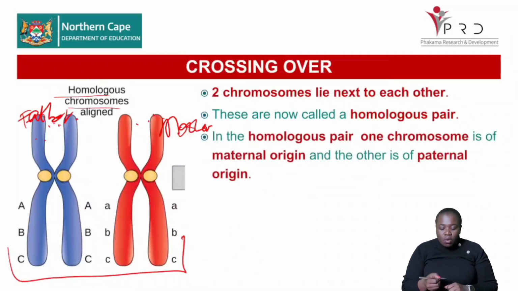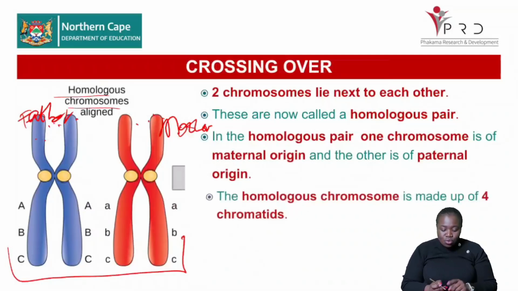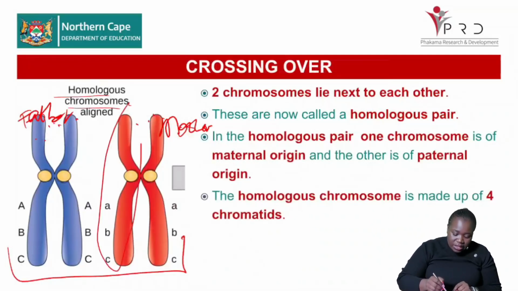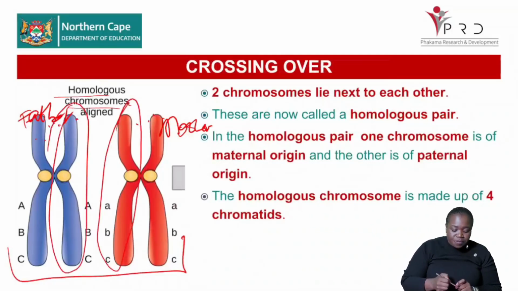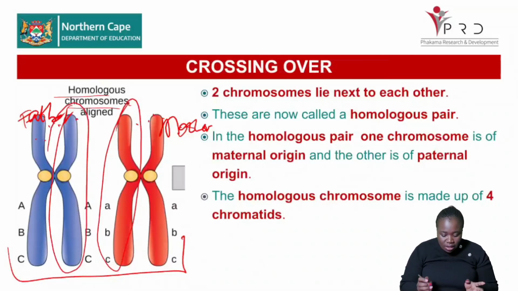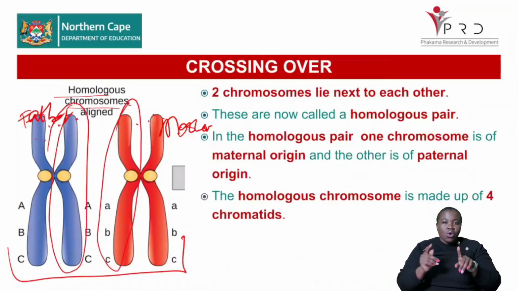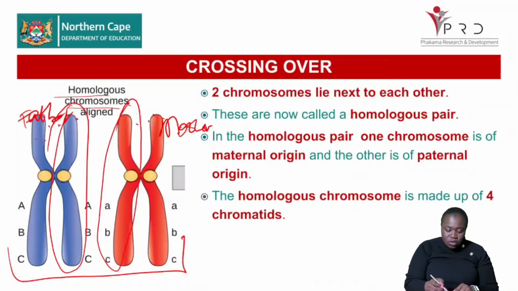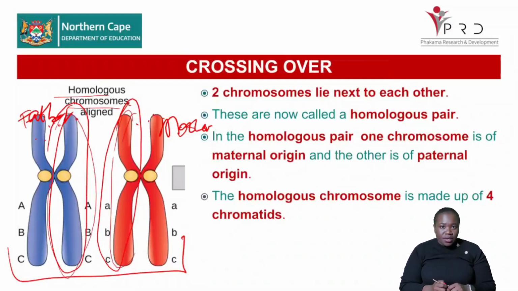Right, so as they lie next to each other like this, they are going to have the chromatids. Each of the chromatids from each parent chromosome is going to overlap with the chromatid of the other chromosome. So this chromatid is going to overlap with this chromatid, right?